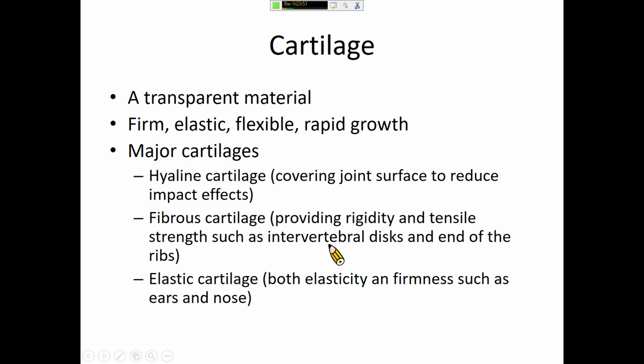This is intervertebral disc. Okay, it's fibrous. These materials support your dampening the vibration pressure. So if you ask this guy to jump, these absorb that kind of compression.